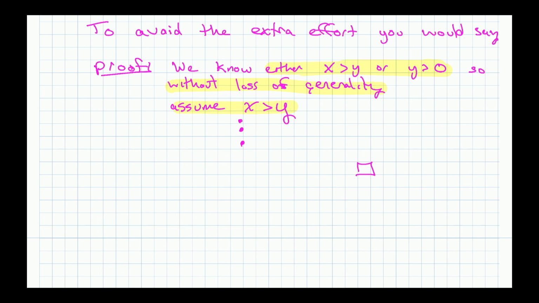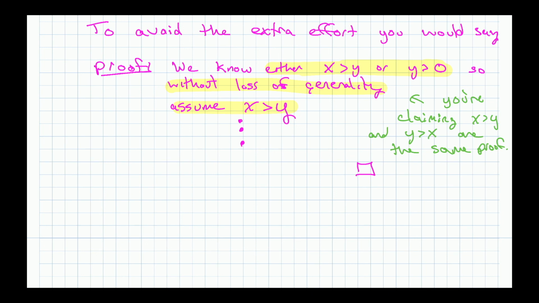So the claim is, when you do this, x greater than y and y greater than x are the same proof. Now, that better be true.